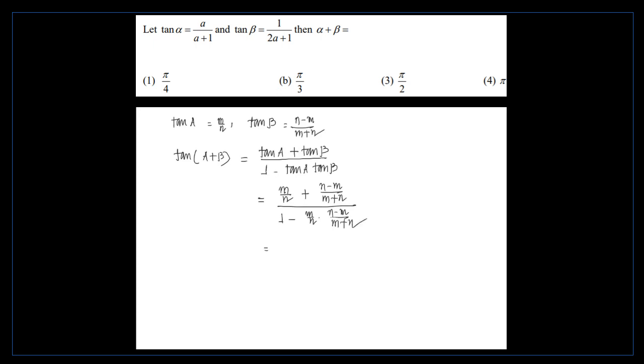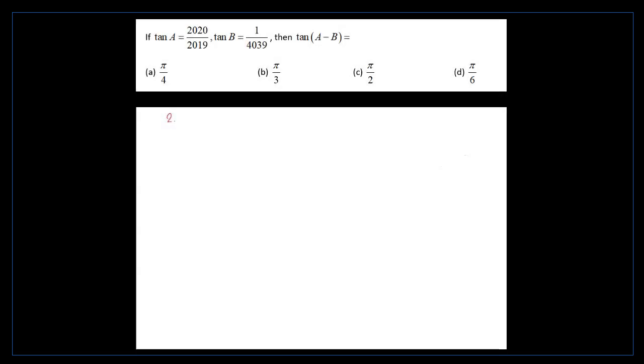If we simplify, it is m square plus mn plus n square minus mn, whole divided by mn plus n square minus mn plus m square. So definitely we get this as 1, which is the required result. Now you can easily understand that the format which has been given is based on this result.